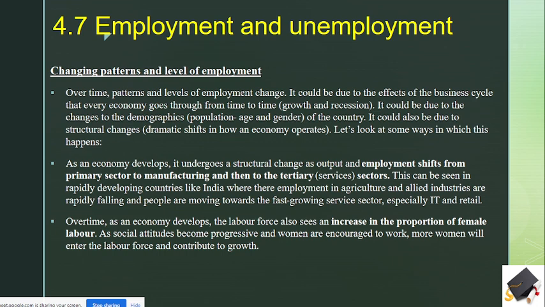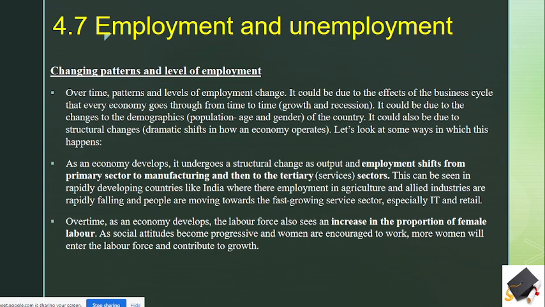Because of that movement, the employment rate has changed. This can be seen in rapidly developing countries like India, where employment in agriculture and allied industries is rapidly falling, and people are moving towards fast growing service sectors like IT and retail. People are moving from agriculture to IT. So this is another change.